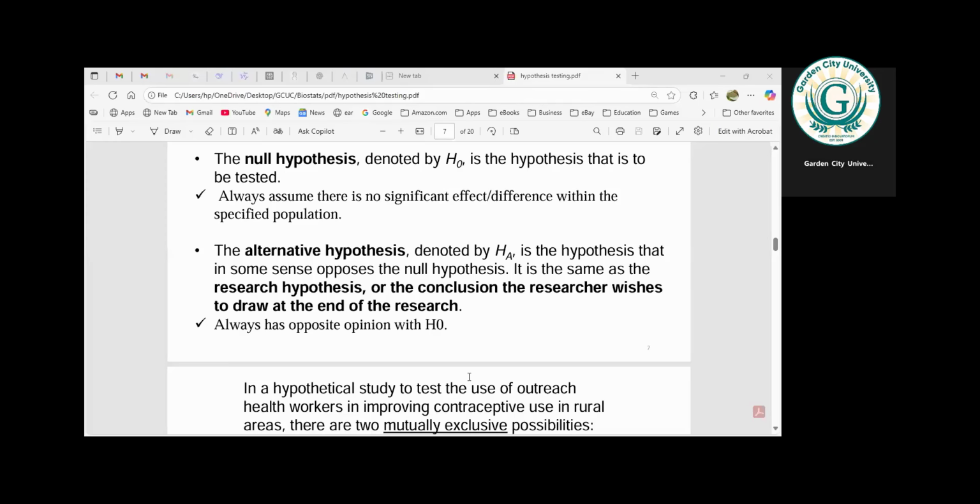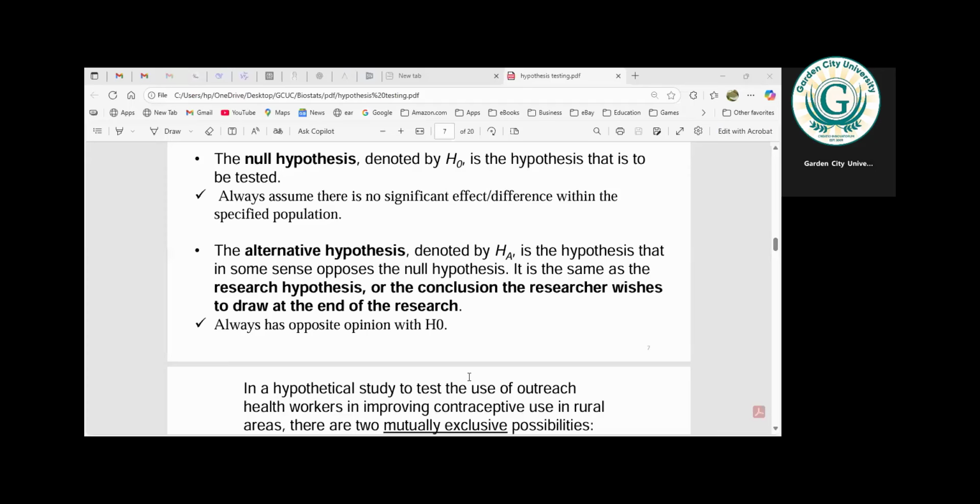If you are stating it, you can state it that 75% of women are using antenatal care, or the percentage of women using antenatal care is equal to 75, or there is no change in the percentage of women receiving antenatal care. You can see that all these three statements are reflecting that it remains the same.